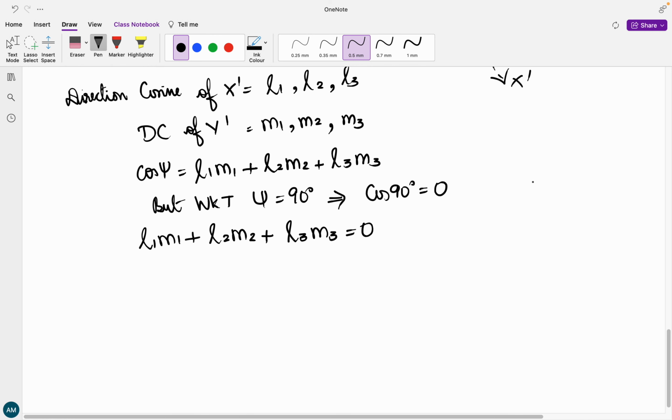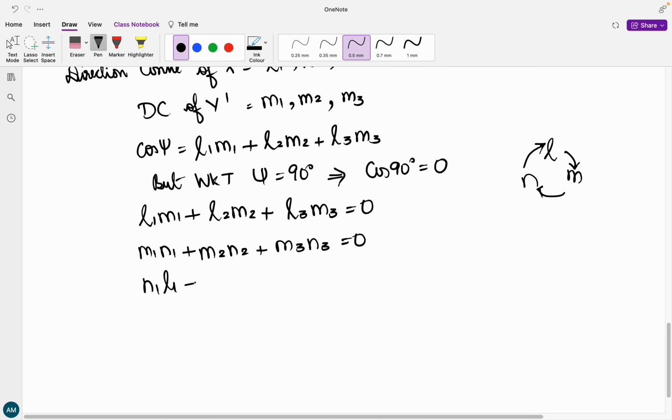Similarly, the other two combinations we have L, M, N. In a cyclic order, it is going to vary. Okay, I can write M1 N1 plus M2 N2 plus M3 N3 equals 0. The third one, N1 L1 plus N2 L2 plus N3 L3 equals 0.